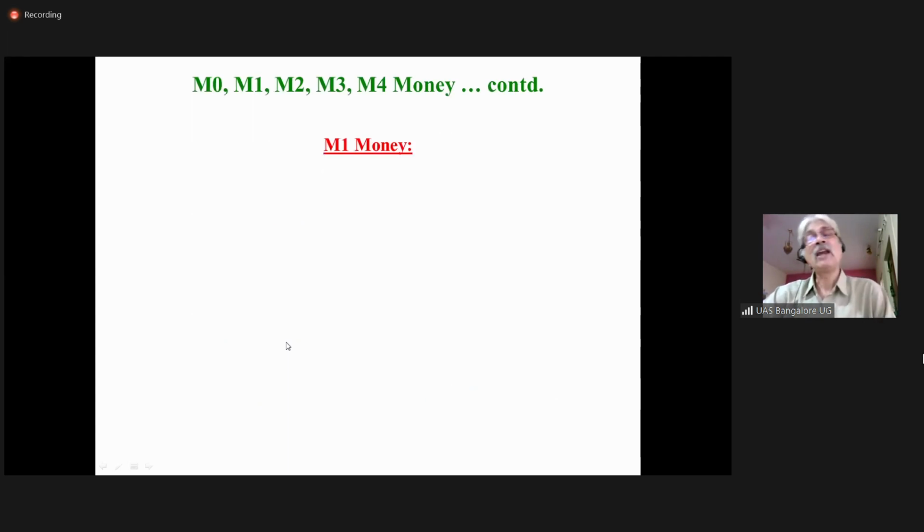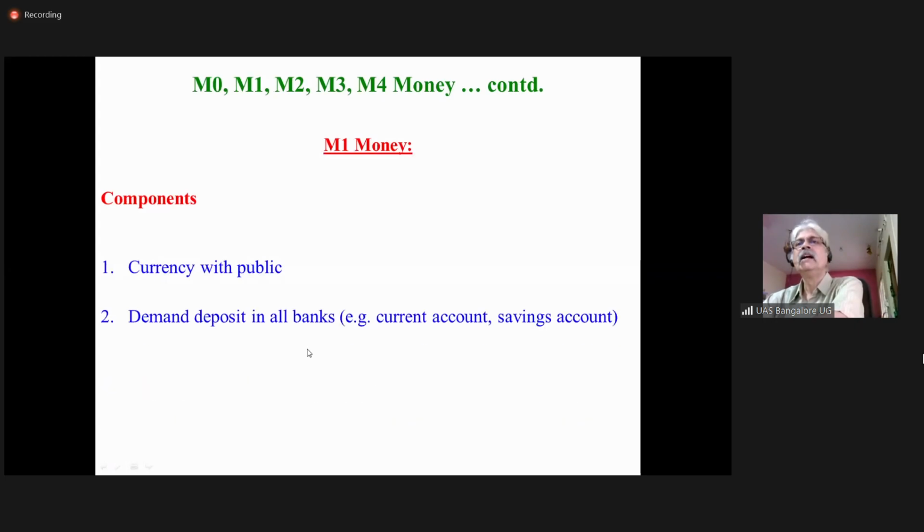Then M1 money. Components are currency with public. Here we don't talk about currency in the economy; we talk about only the public, people. Currency with public. Demand deposit in all banks. What is demand deposit? The money which you can withdraw, money which you can take back anytime.